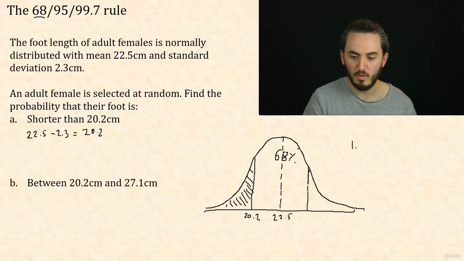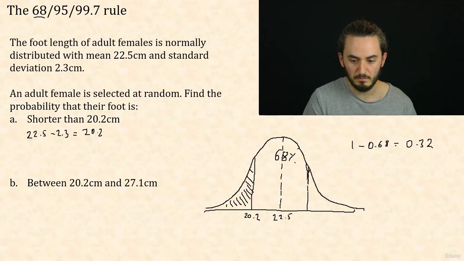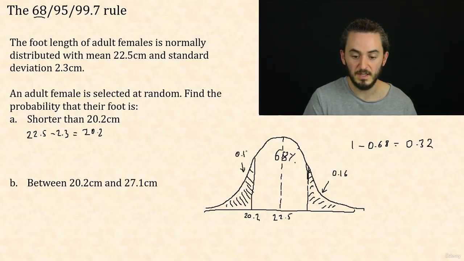Well, it's 1 minus 0.68, which is 0.32. So 0.32 must be this bit plus this bit. But because of the symmetry of the normal distribution, I'm going to split it in half, and that gives me 0.16 for this bit and 0.16 for this. So the probability that their foot is shorter than 20.2 is 0.16 or 16%.